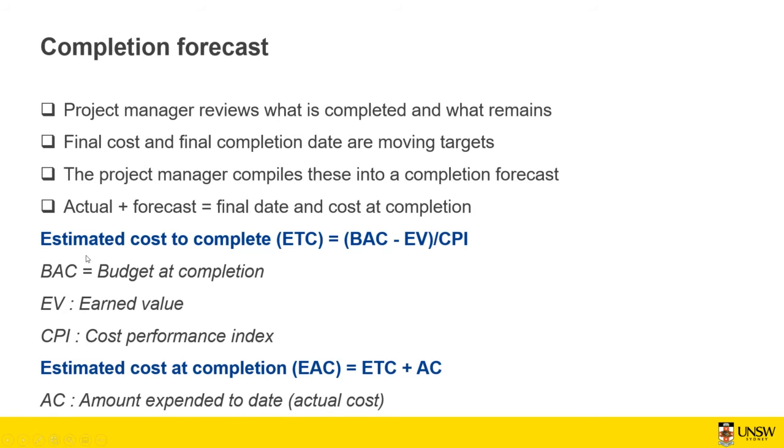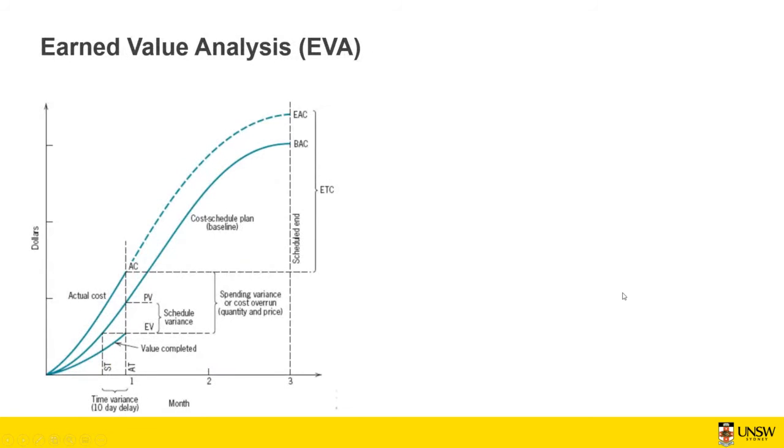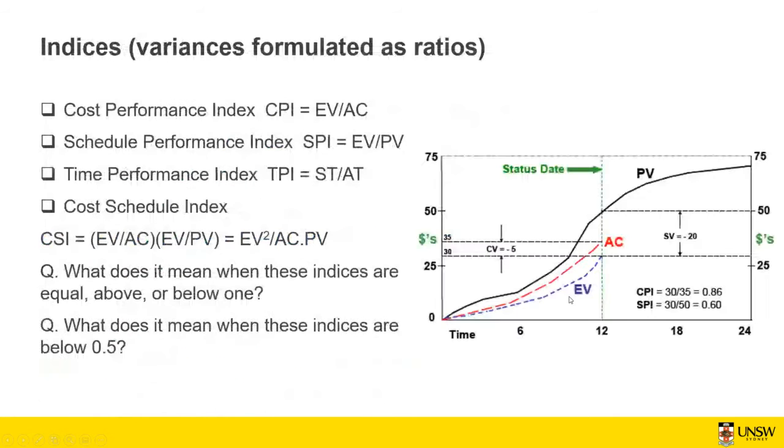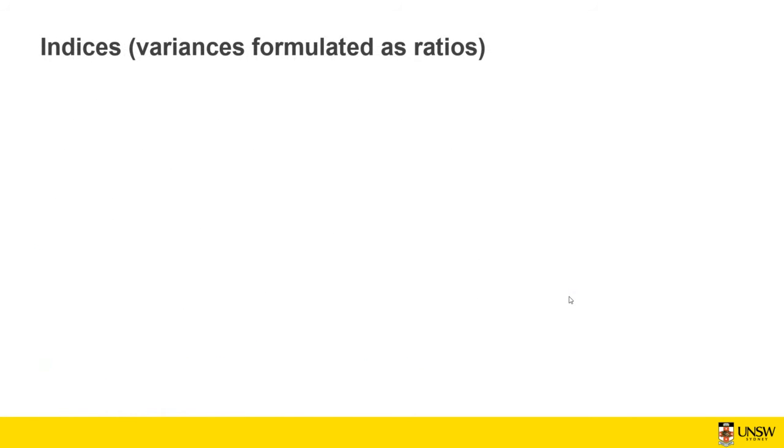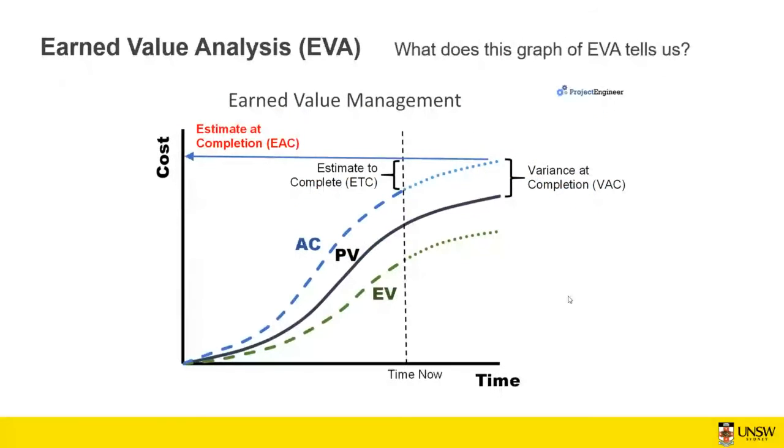So one thing that you do is estimate cost to complete. Estimate cost to complete means that by the end of the project, you work out what the total cost is going to be, and what the difference is between that cost and the cost that we already spent.